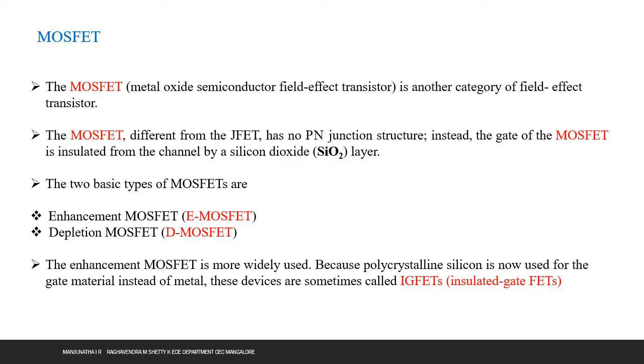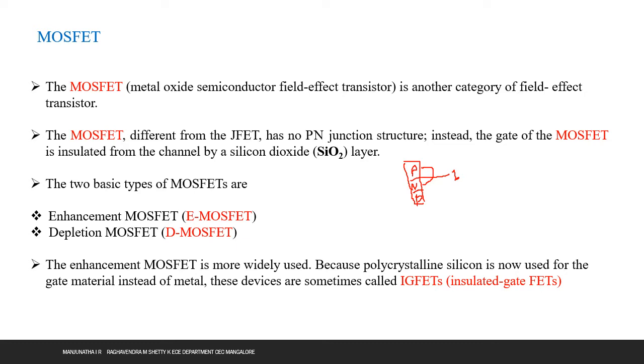So for example, if I take the PNP type JFET, between this P and N there is one junction. So that is the first junction.